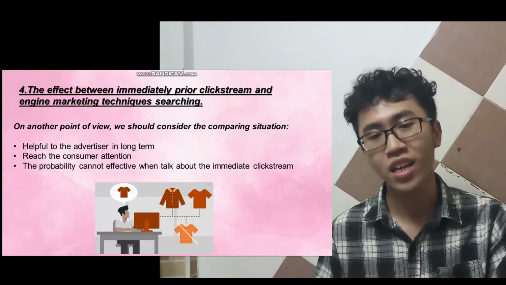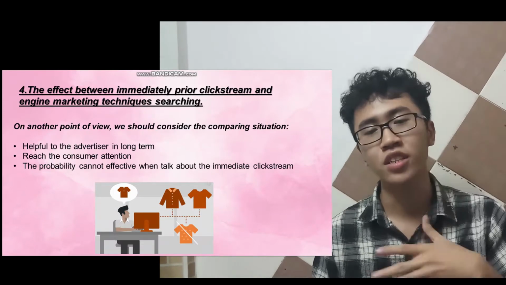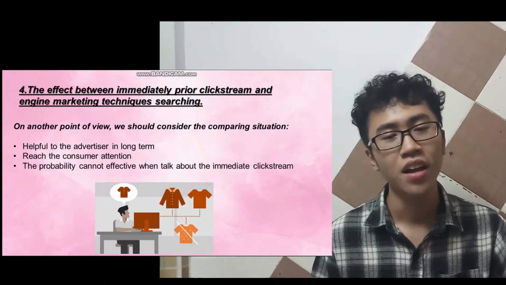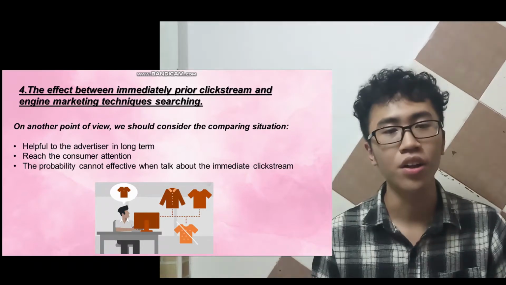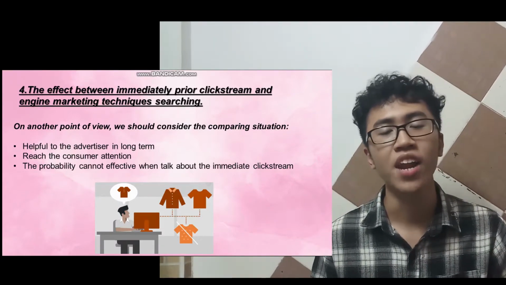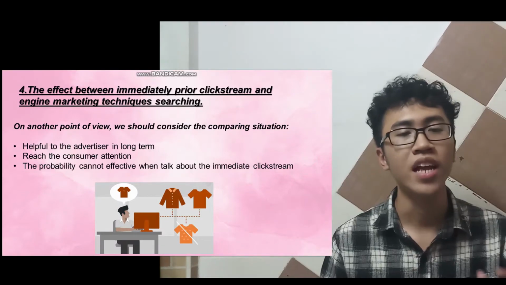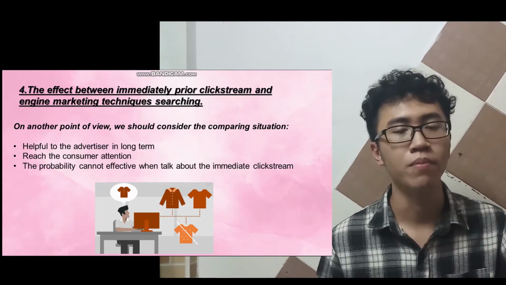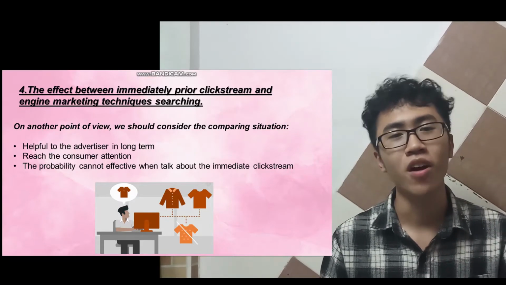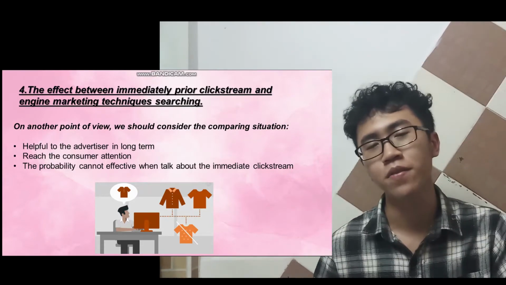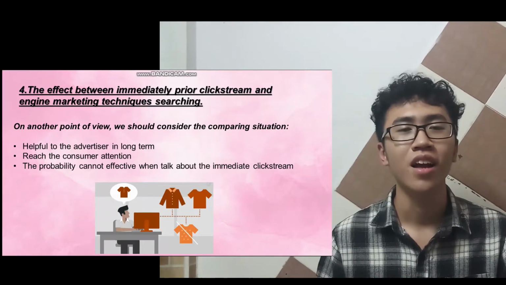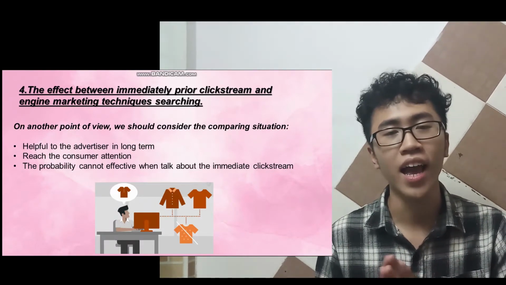Moreover, the product ads that show up can reach consumer attention and maybe persuade them to purchase that product. However, the probability of showing the right product to the right browser cannot be effective when we talk about the immediate clickstream. So that's the reason why the prior clickstream is not as effective as the search engine, the most common technique in programmatic advertising today.